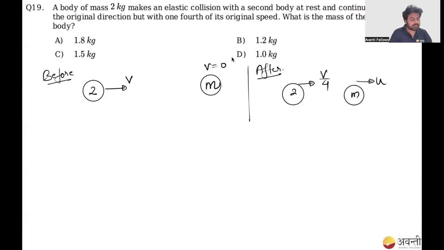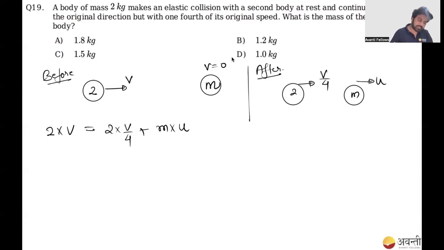So again, we will use conservation of linear momentum. Okay. So what is the initial momentum? Initial momentum is only of the 2 kg mass, that is 2 into v, mass into velocity. Final momentum is the momentum of both the bodies, right? So let's say the first body's momentum is 2 into v by 4 plus second body's momentum is m into u, right?